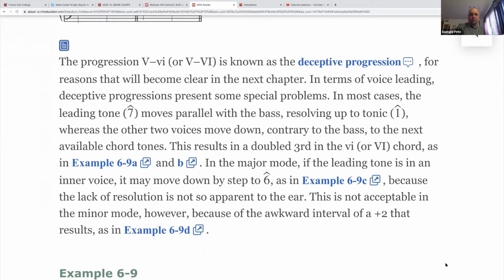Yeah, this results in a doubled third, right? The exception is the major 5 to the major 6, right? Is that the exception? What is the exception they're talking about?